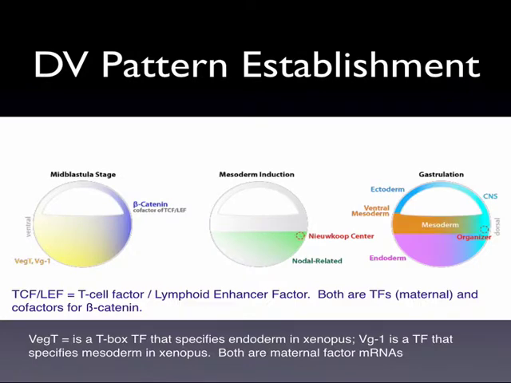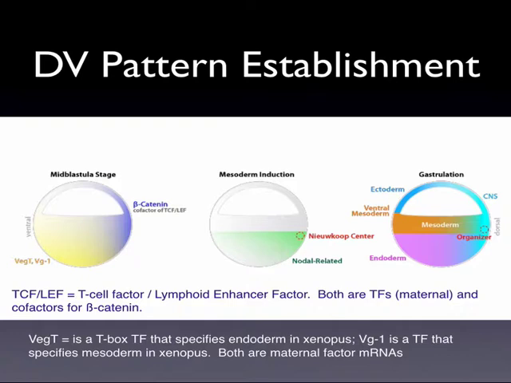You've seen this slide before. I'm just using it here to point out the factors that are involved and who the players are. VegT and Vg1 are maternal effect messenger RNAs. VegT is endoderm specifying.